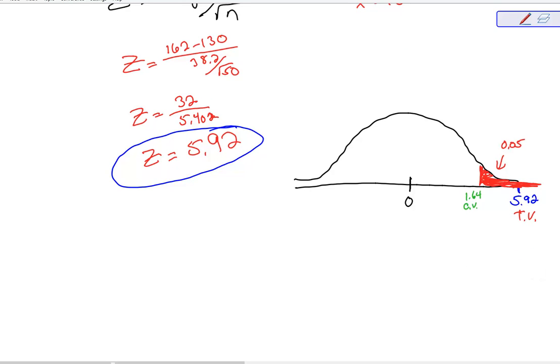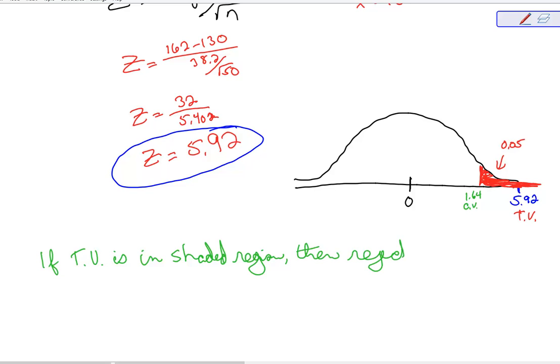So, as we learned in the previous videos, if the test value is in the shaded region, then we reject the null hypothesis.